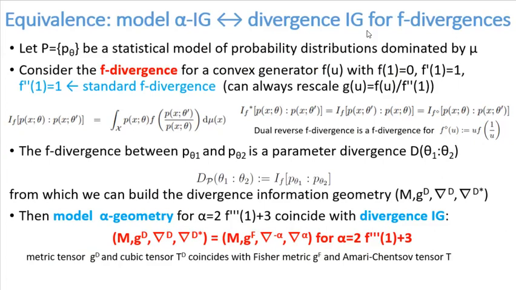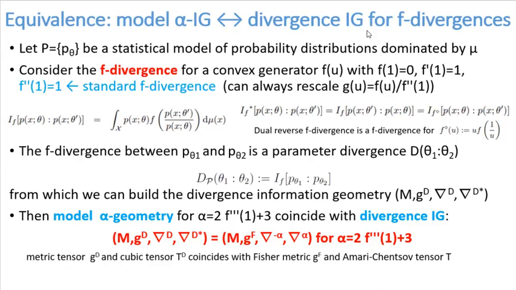You take a convex generator f such that f of 1 is 0, and you can also enforce a scaling by saying that f prime of 1 is 1. This is what Professor Amari called standard f-divergence. And you define the f-divergence as this thing, right? And if you have f equals minus log, then you get the Kullback-Leibler, okay?